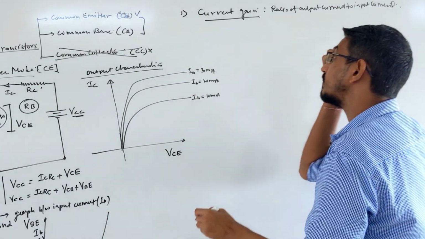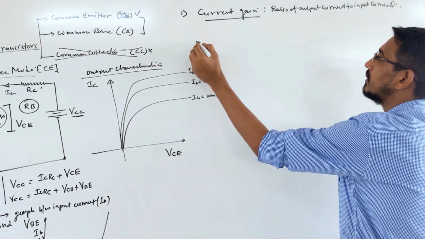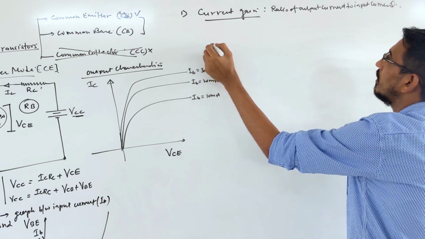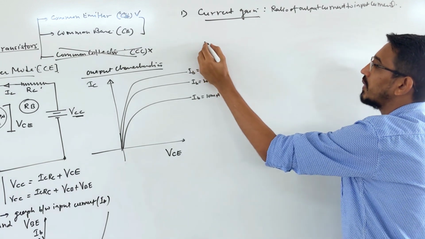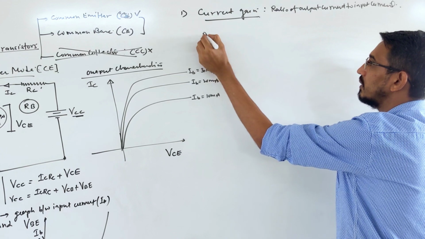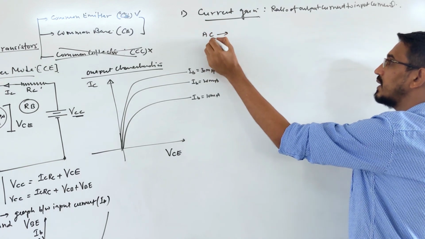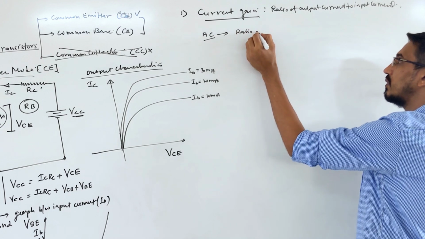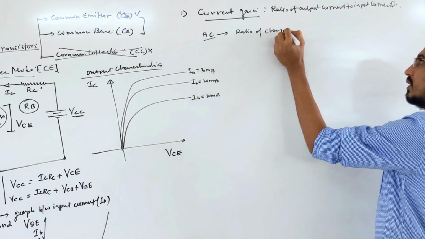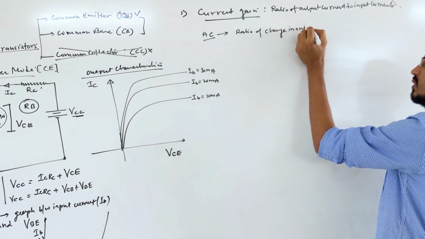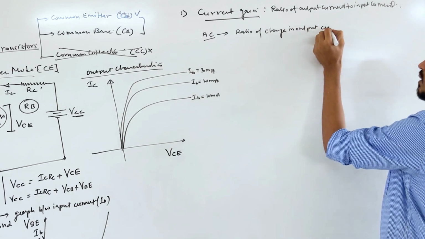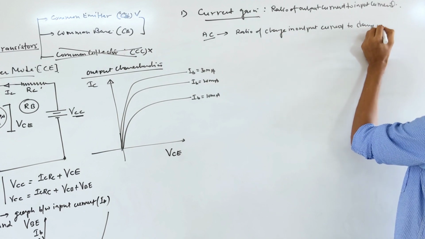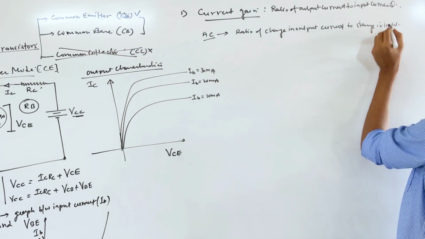Look here once more. Suppose they ask for AC, AC current is given, then ratio of change in output current to change in input current.